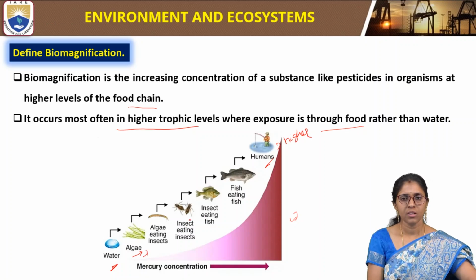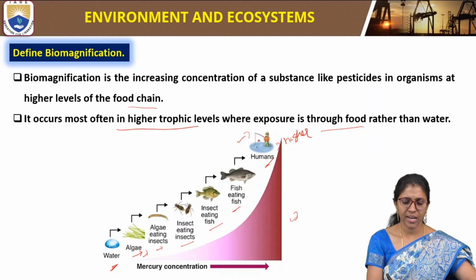These organic compounds are eaten by algae-eating insects and insect-eating insects, and also insect-eating fish. Then this is consumed by fish-eating fish, and then these are consumed by humans. So the concentration of mercury is increasing as the trophic level increases.